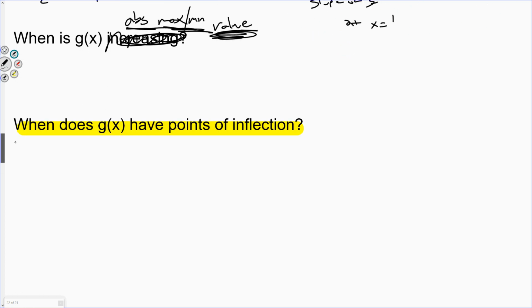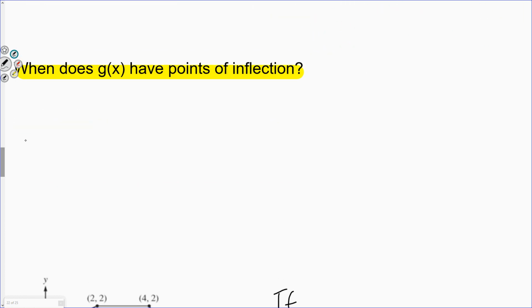Well, we're going to bring back our friend, Mr. Second derivative sign analysis, or first derivative direction analysis. F goes down until 2. F goes up until 3. Wait.